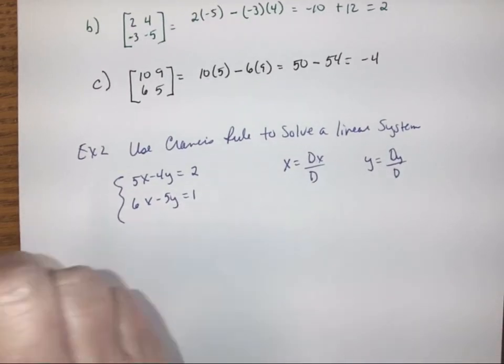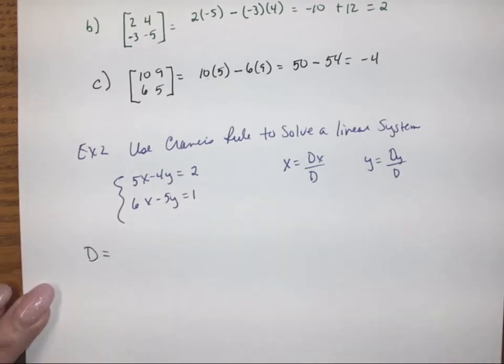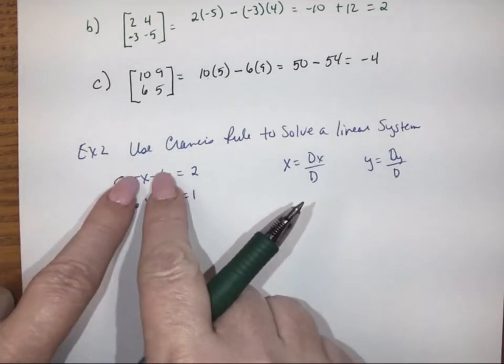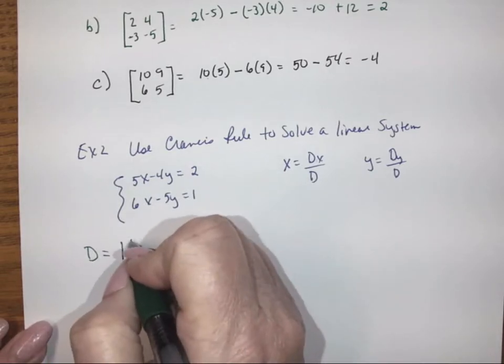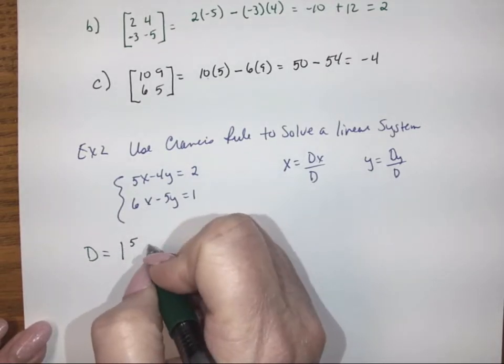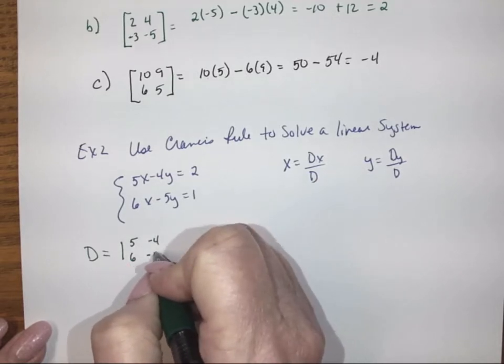So let's go find the D. D is going to be our determinant. We're going to do this the same way we did the other one, and just use these first numbers. So our determinant is going to be 5, -4, and 6, -5.